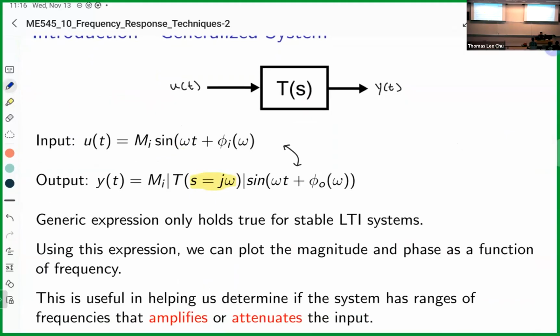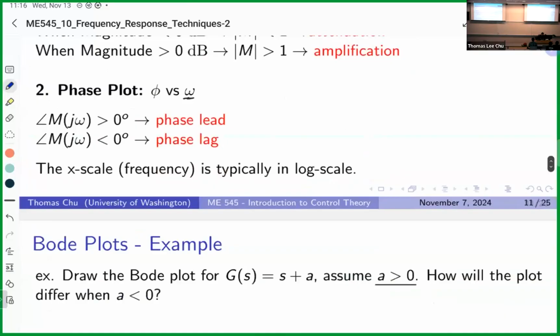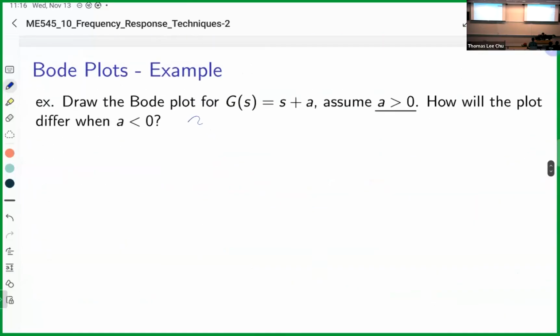There's no steady state value, but I guess the steady state response is going to be an oscillation. So when we draw the Bode plot, we always deal with s equal to j omega, and we ignore the real part. So we're going to be evaluating G at j omega, which is equal to a plus j omega.